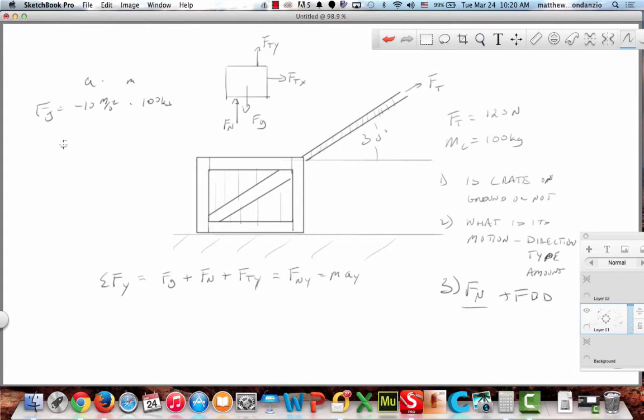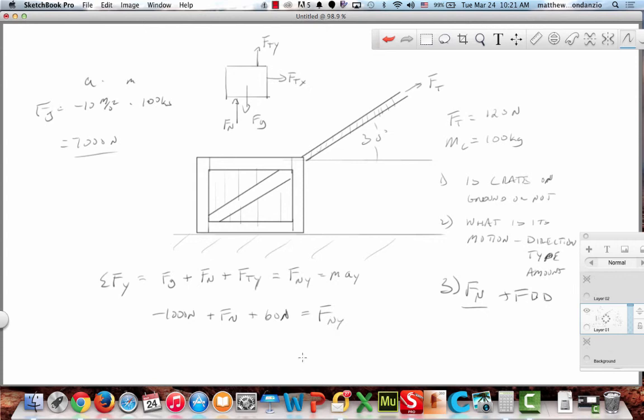So that's going to equal 1,000 newtons, right? Negative, right? So it's negative 1,000 newtons plus Fn plus, what's my FTY? 60 newtons. Is that up or down? Up, okay. That's going to equal my total net force in the y direction.